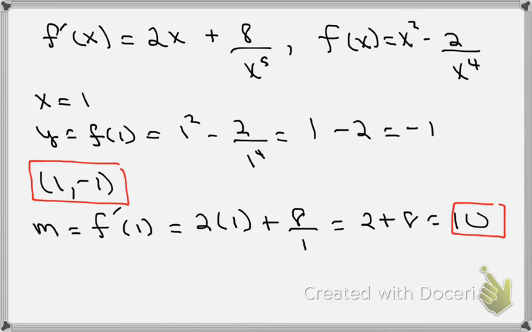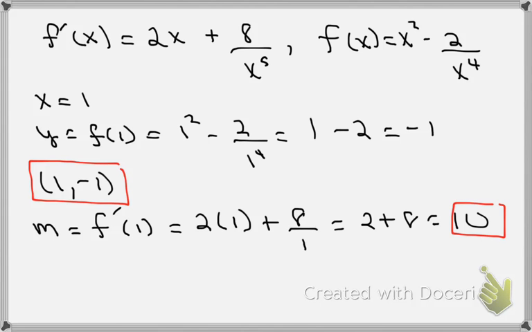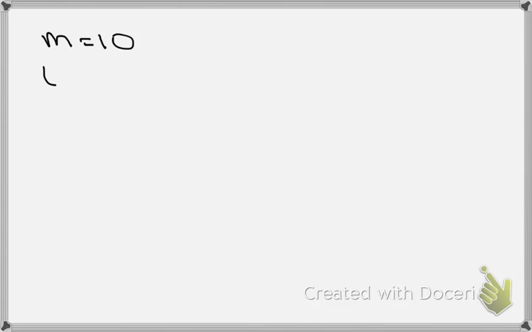And we said in the beginning that all we need to find the equation of a line is a point and the slope. So let's use that information to find the equation of the line and be finished with the problem. So the slope is 10, and the point, let me just recall, was (1, -1).